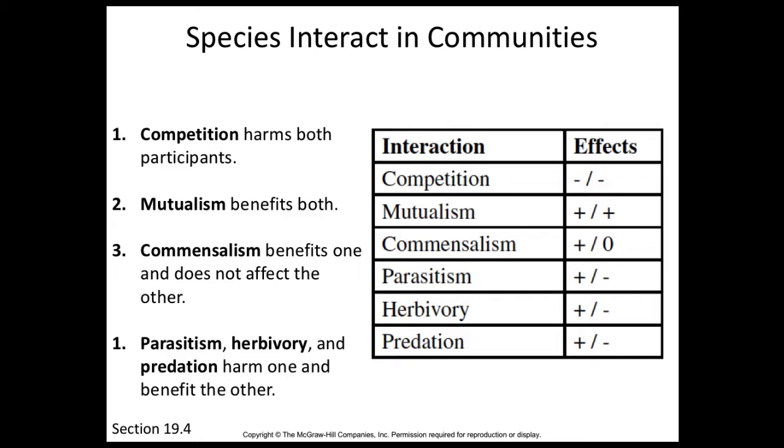Mutualisms are unique because they benefit both members of the interaction. Our next is commensalism. Commensalism benefits one and does not affect the other. And then the last three types of interactions are parasitism, herbivory, and predation. In these interactions, one of the participants is harmed and the other one gets a benefit.